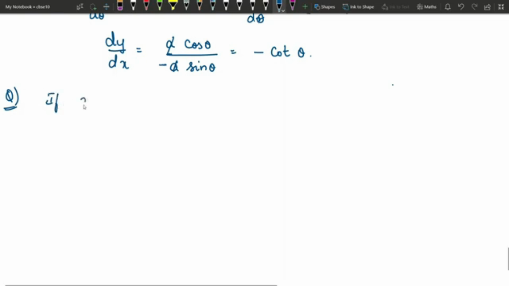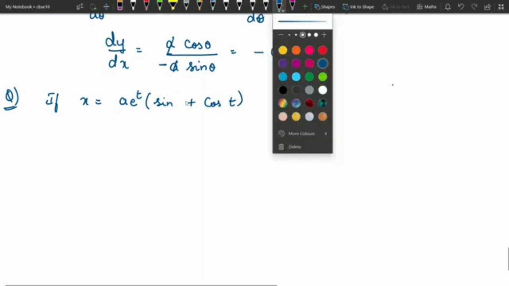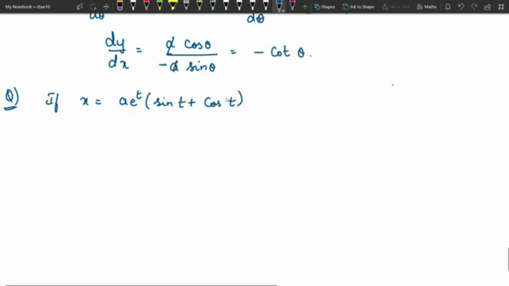If x is equal to a into e power t into sin t plus cos t, this is x, and y is equal to a into e power t into sin t minus cos t.